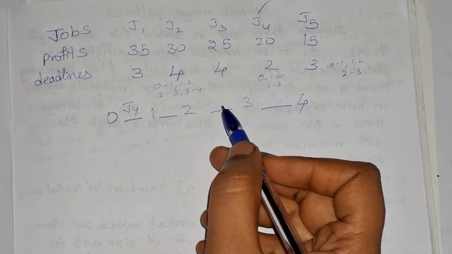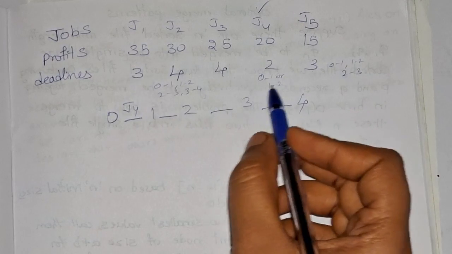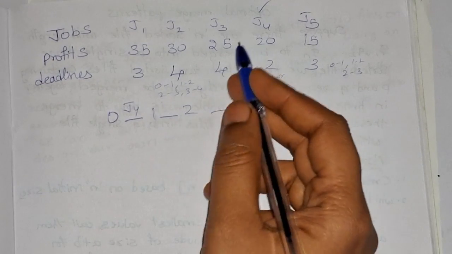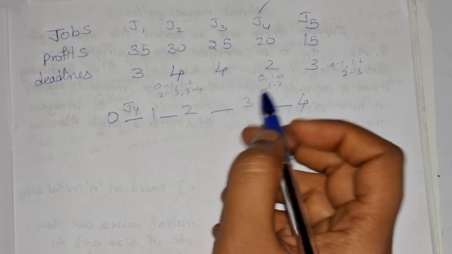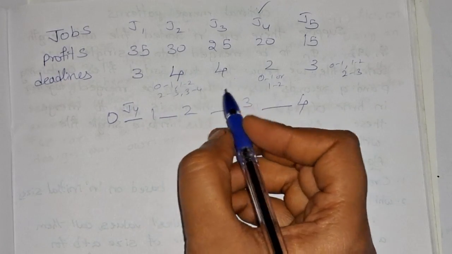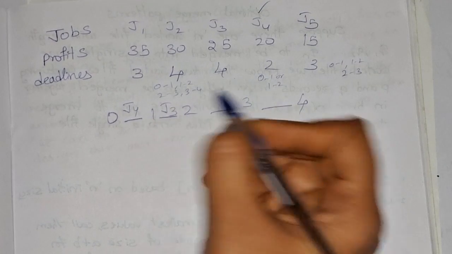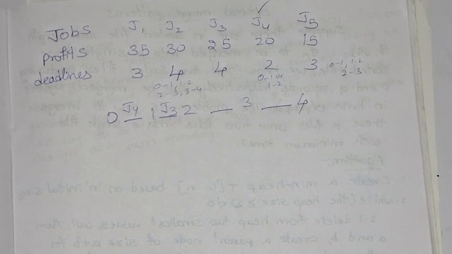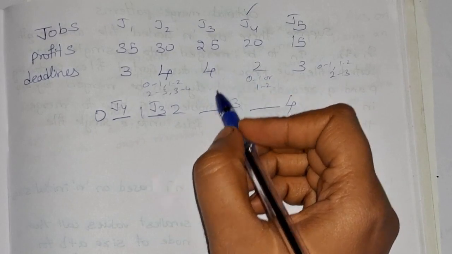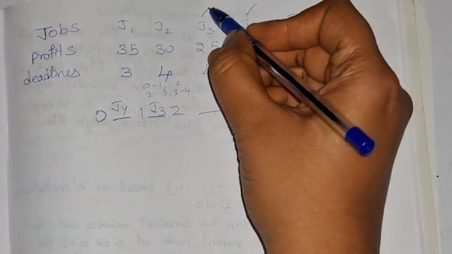So we can keep J3 or J1 here. We can keep any of these, so we will consider job 3. Since the J3 profit value is more, J3 and J4 are finished.